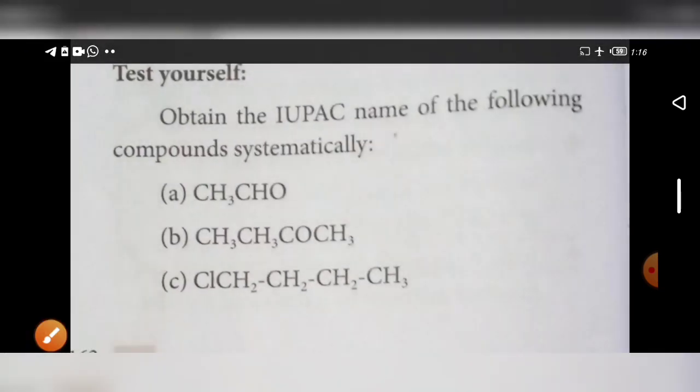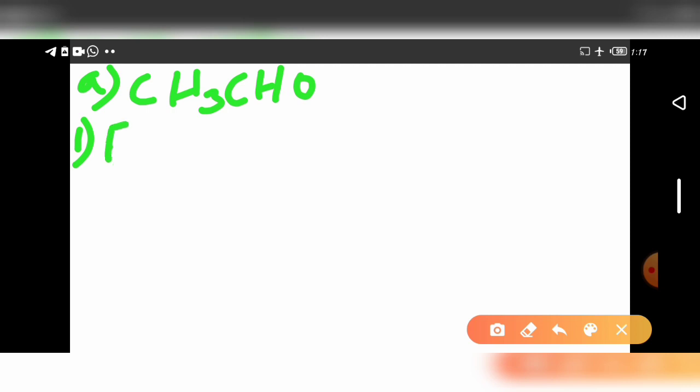Next we go to test yourself. They gave 3 sums for you. First, question A: CH3CHO. First step, count the carbons. How many carbons? 2 carbons. So eth is the root word.